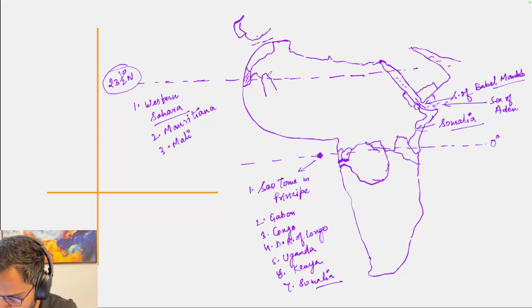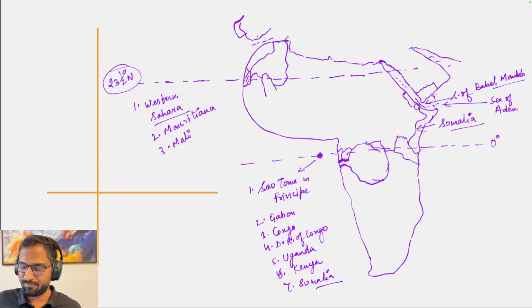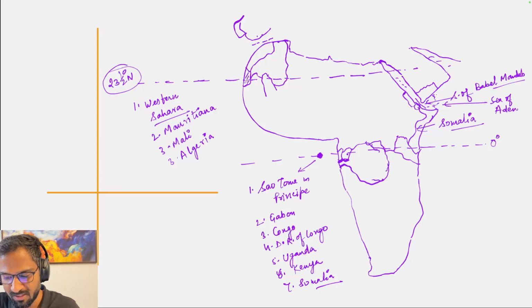And this is a big country of Africa called Algeria. So first this was Western Sahara, then Mauritania, then Mali, and then Algeria from the north side. So the southern part of Algeria is the area through which the Tropic of Cancer will pass.